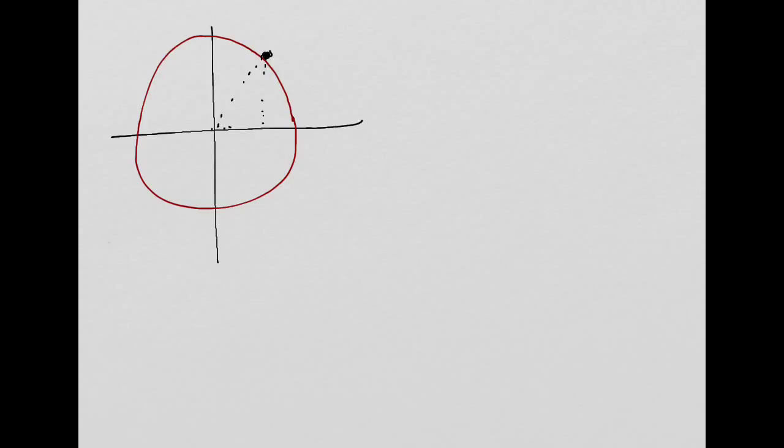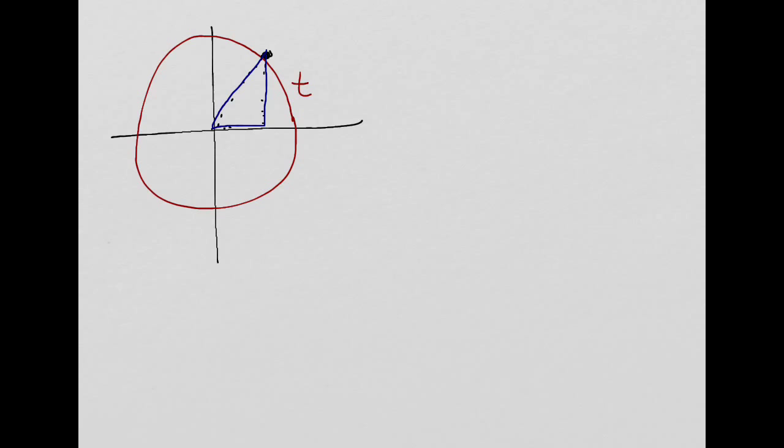Actually, let's put that in a different color so we can see it a little bit clearer. Okay, so there's my triangle. There's my length t. And t, I picked it in the first quadrant, but it doesn't really matter. I could pick it in any quadrant I want, and what I'm about to do is still going to work.